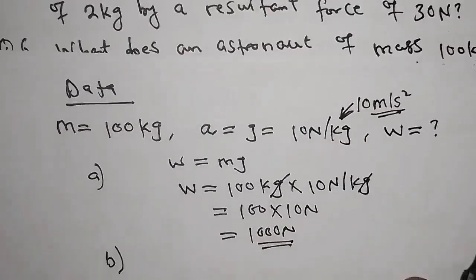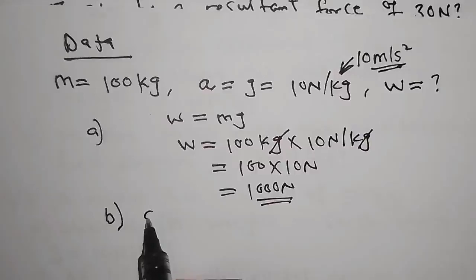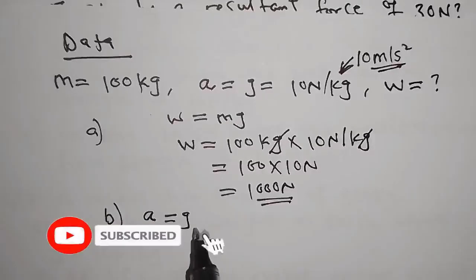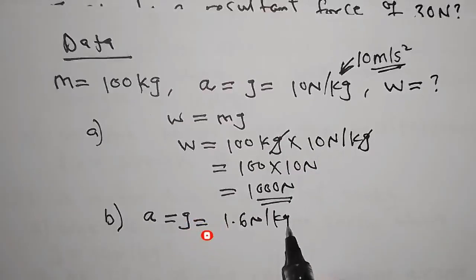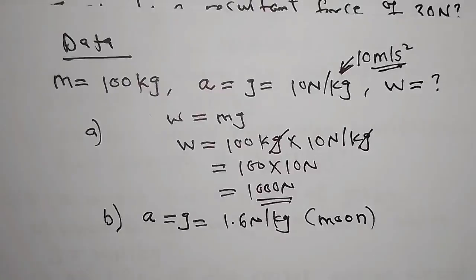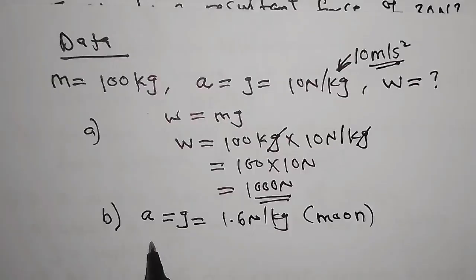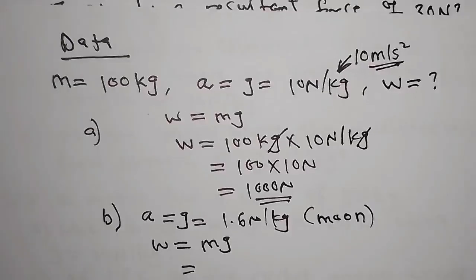Now the acceleration due to gravity has changed to 1.6 Newton per kg, since we are on a different space, which is the moon. The formula stays the same: weight equals mass multiplied by gravity, and the mass is still 100 kg.